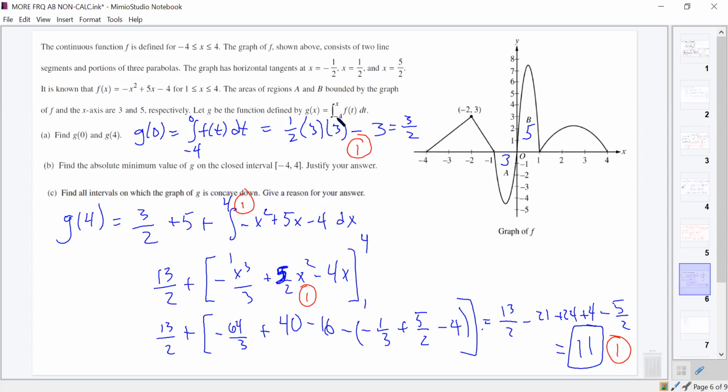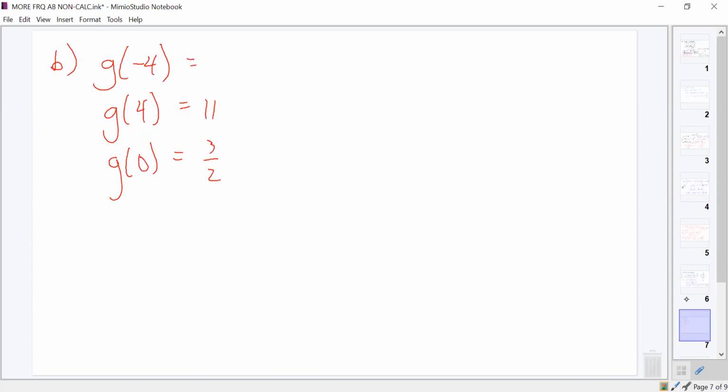That's the integral from -4 to -4, which is 0. So what did it ask for? The absolute minimum, right? Absolute minimum is 0 at g of -4.